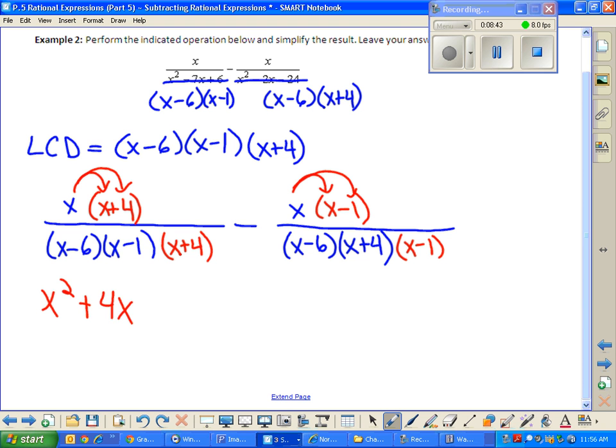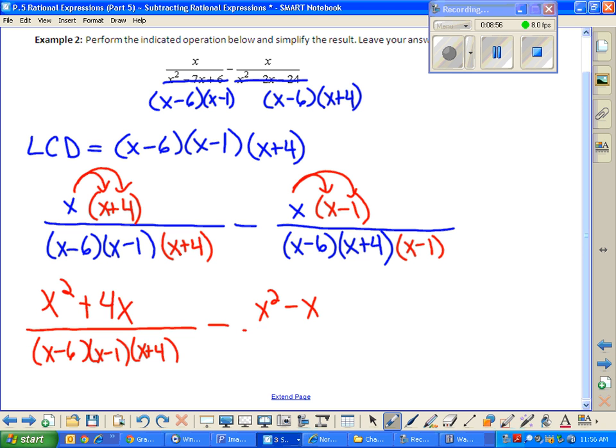And that's all over my LCD. And then my second ratio, if I distribute that x through, I got x squared minus x all over x minus 6, x plus 4, and x minus 1.